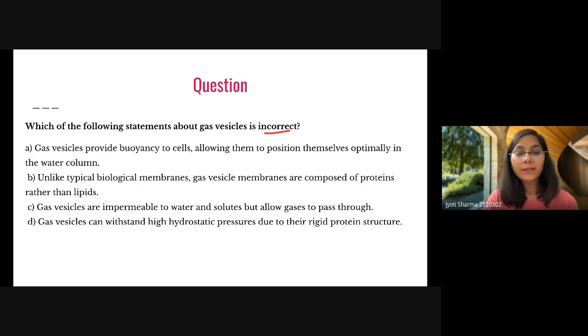Unlike a typical biological membrane, gas vesicle membranes are composed of protein rather than lipid. Gas vesicles are impermeable to water and solutes but allow gas to pass through. Gas vesicles can withstand high hydrostatic pressure due to their rigid protein structure. So what do you think? What is the incorrect statement for the gas vesicle?